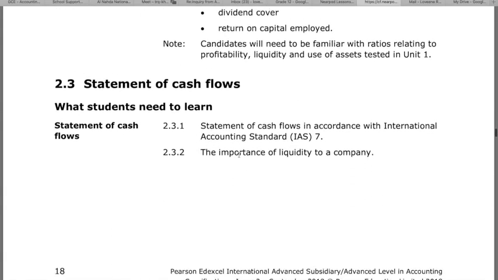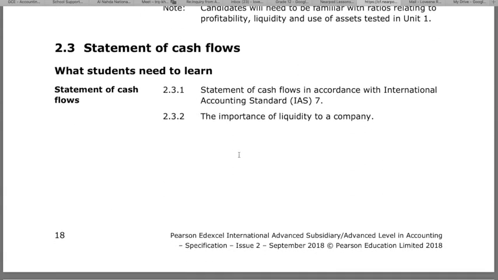Then statement of cash flows. You already have a small idea with respect to cash flows. What you think is you're getting your input, how much is the inflow of cash and how much is the outflow, so you calculate the net flow. That is a very simple cash flow which you've been doing, but that is not what we're going to be doing here in statement of cash flows. As you can see in the first point itself, it says statement of cash flows in accordance with International Accounting Standards 7, IAS 7.